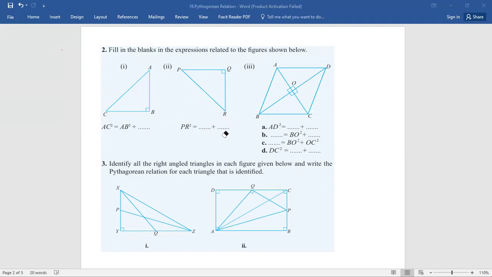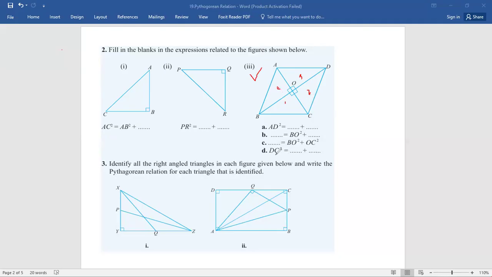Now try to do this one. Third one. You need to carefully watch and carefully see to identify the right angle triangles A, B, C, D. So there are 4 triangles, 1, 2, 3, 4.